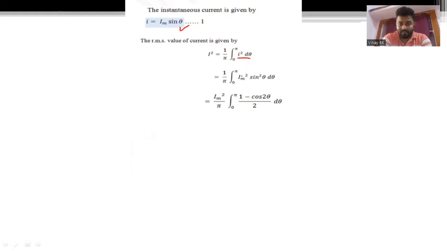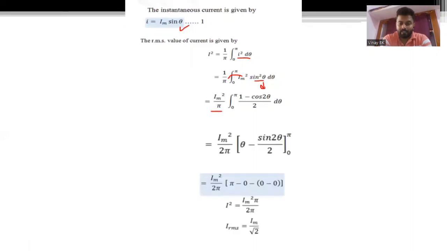Taking Im square outside, you get Im square by pi. Sin square theta you can write as (1 minus cos 2 theta) by 2. Then you can do the integration. On simplification, you will get the value of RMS current as Im by root 2. This integration is basic maths, and I hope you know it. I don't need to explain much here because we are just solving model question papers.